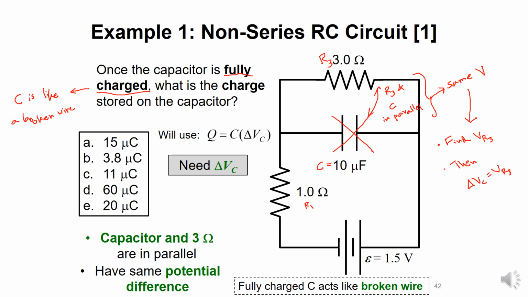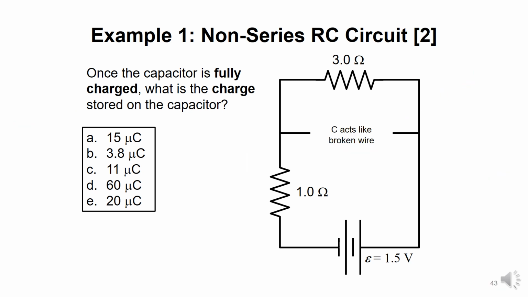For that, we have to redraw the circuit. The fully charged capacitor acts like a broken wire, so you can remove it from the picture. Effectively, we have a circuit with the 1 ohm and the 3 ohm in series, and the capacitor doesn't exist. We can find the voltage across the 3 ohm using Ohm's law.